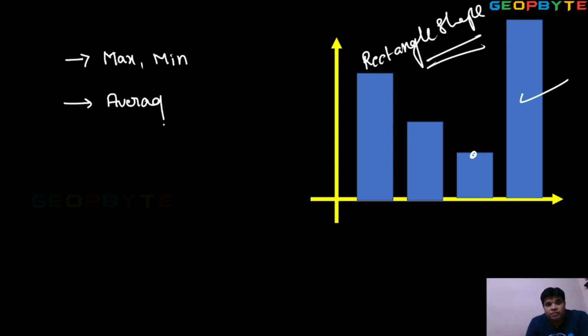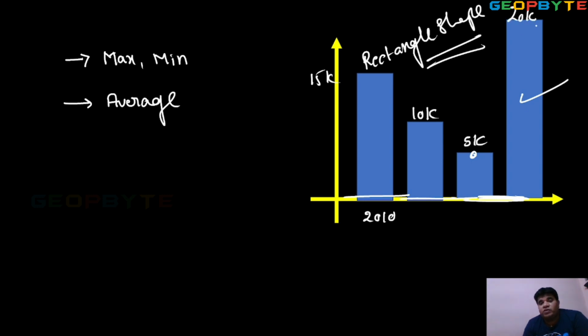average concept. Suppose this histogram, this bar chart, is given in terms of book production. Suppose in 2010 the production of books is 15,000, then 10,000, 5,000, and here 20,000.